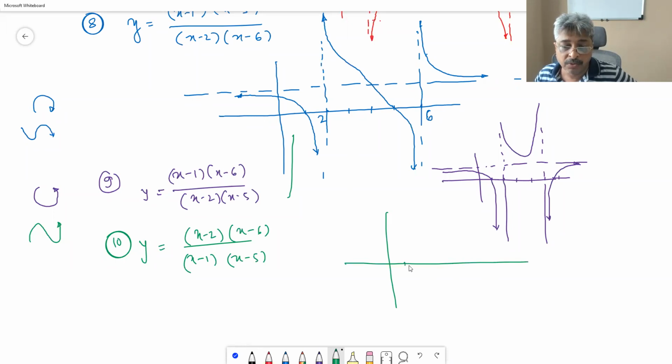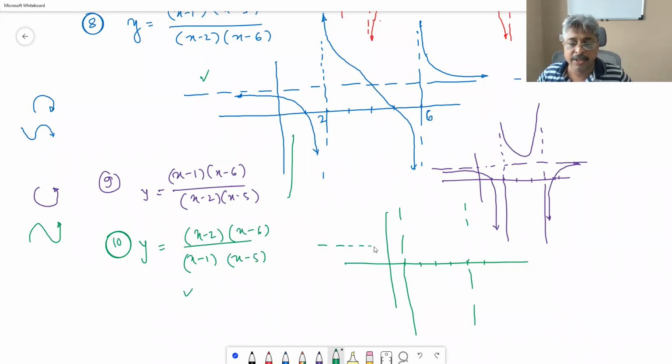Again, critical points 1, 2, 3, 4, 5, 6. Asymptotes at 1 and at 5. Graph number 8 had all tangents with negative slope. Graph number 10 will have all tangents with positive slope.